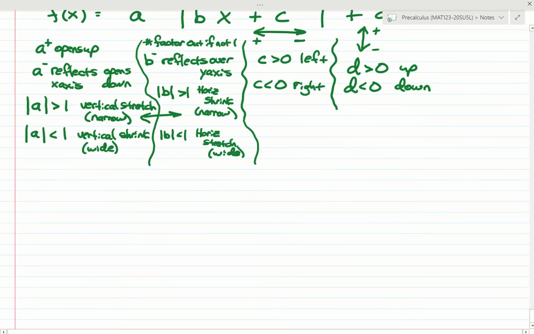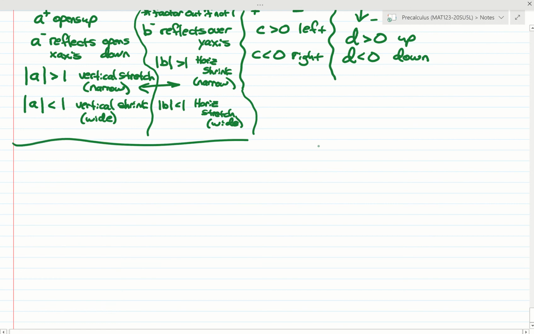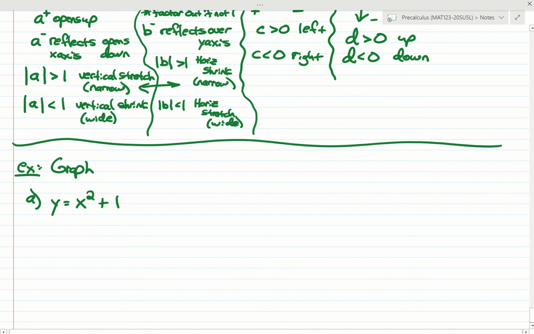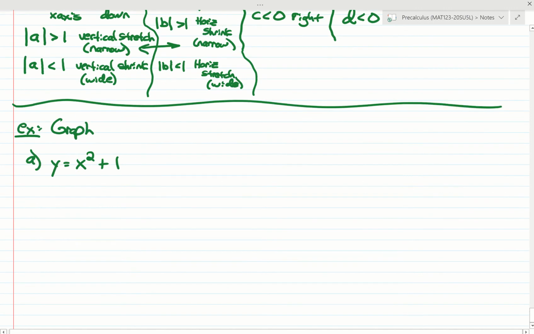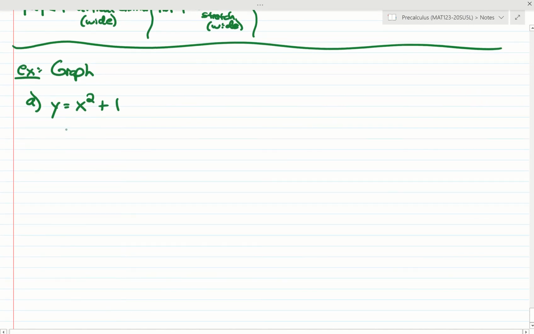So now let's take a look at what some actual graphs look like. What if I asked you to graph, let's say y is equal to x squared plus 1. Now in my class, it doesn't have to be exact. Let's just generally give it a sketch of what it looks like. Well, x squared is this kind of shape, right?